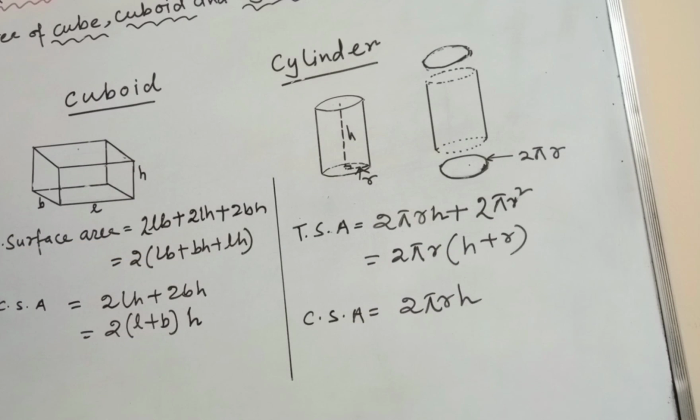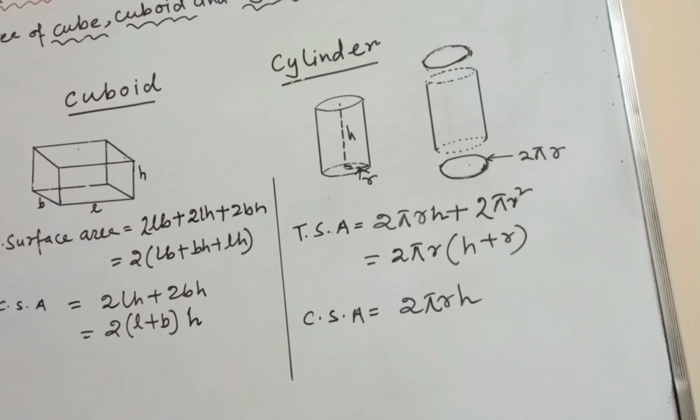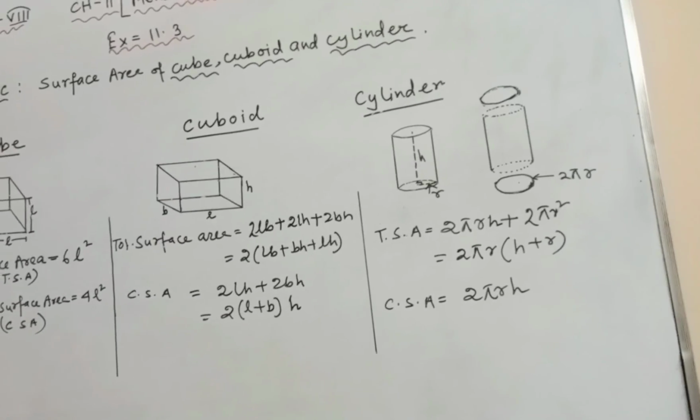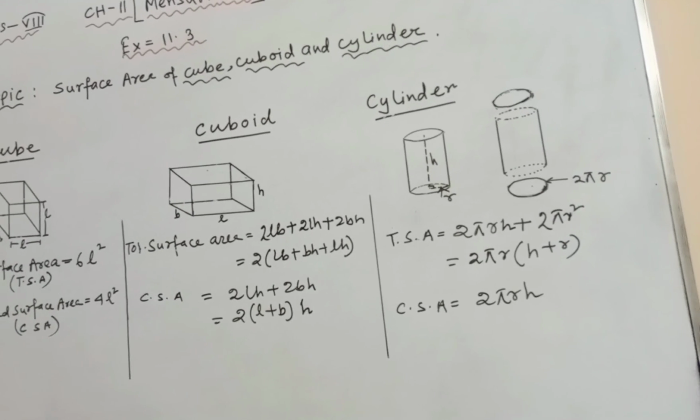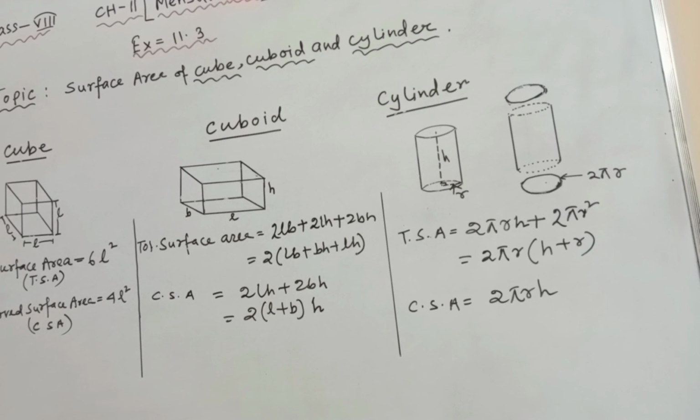So these concepts are the beginning of exercise 11.3, we will discuss only the formula. Try to understand it. Write all the formulas in your copy. Cube, cuboid, these are 3-dimensional shapes and you are doing it for the first time. So first of all, try to understand the concept of these formulas and their figures, and write everything in your copy. Thank you, students.